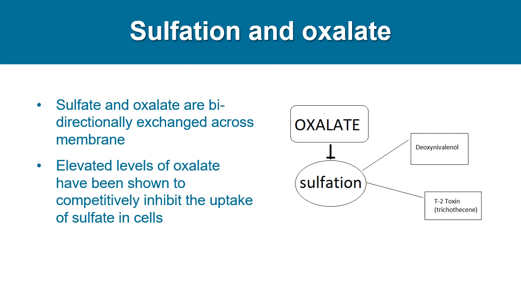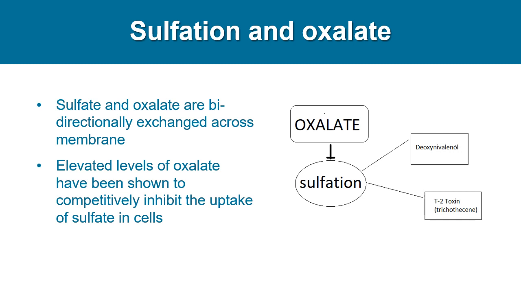Anytime these are present, even though they're not being produced by organisms that produce oxalate, if we have high oxalates because of, let's say, fat malabsorption, like I said earlier, or a high oxalate diet, it can create a significant roadblock to the clearance of these two super toxic mycotoxins. So on the one hand, you can get oxalates from the presence of mold, but you can also have inhibition of clearing mycotoxins by the presence of oxalates. It's kind of like a vicious cycle.